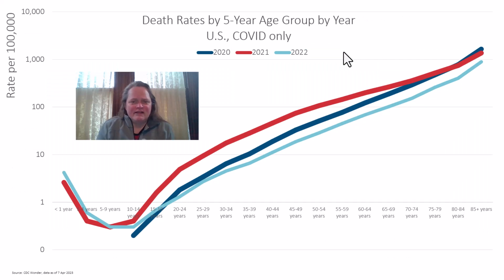So now let's look at the COVID death rate graph on the logarithmic scale so that we can see better. Now it makes a lot more sense. When it's that exponential curve, it's really hard to see what it looks like. You might as well just be looking at a table of numbers.